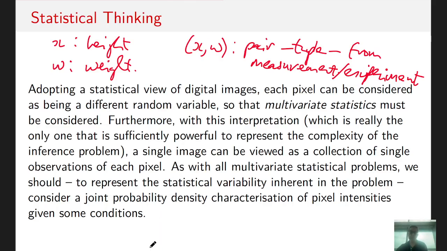So as you might imagine, I can do similar things. The extension of a histogram would be a bivariate histogram, and that would mean that I effectively make a two-dimensional array. So I've got x along one axis, and I've got w along the other axis.